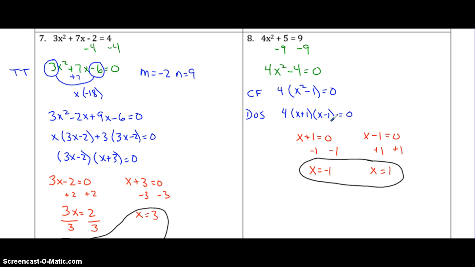Once you have factored it and you are setting each factor equal to 0, you do not have to take a constant like that and set it equal to 0, because you are trying to figure out what values of x make 0. So if one of your factors is just a constant, there is no value of x, so you don't have to worry about that factor in part of your solution.